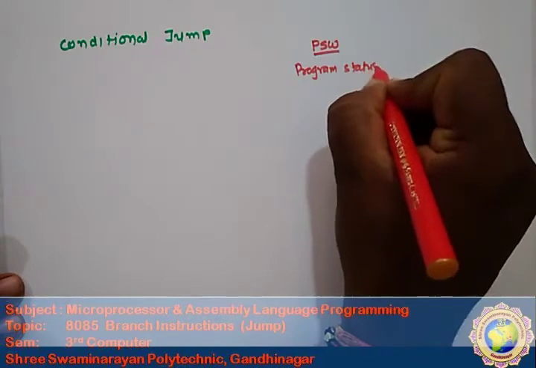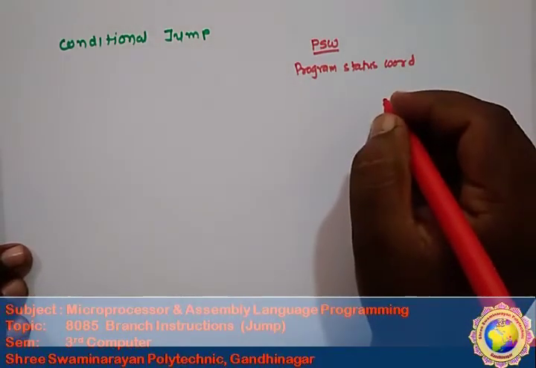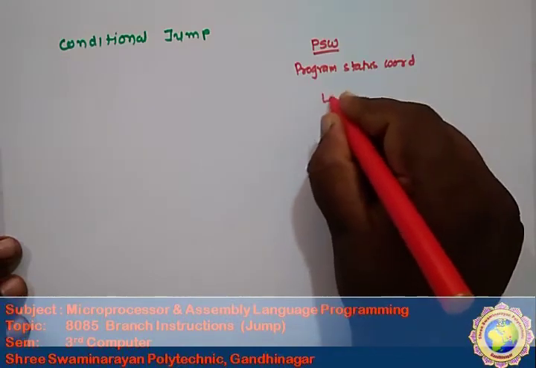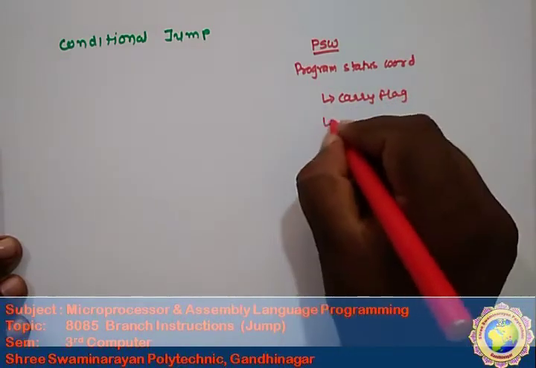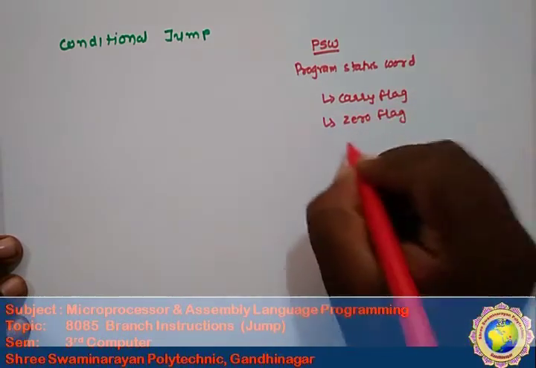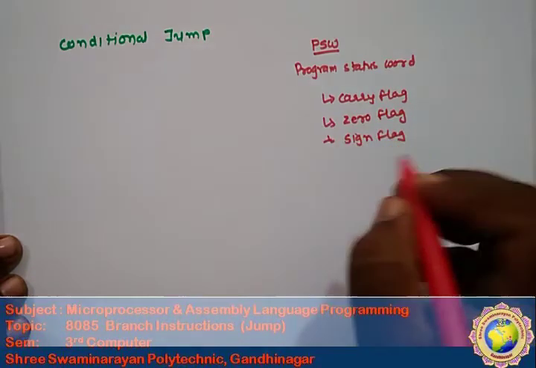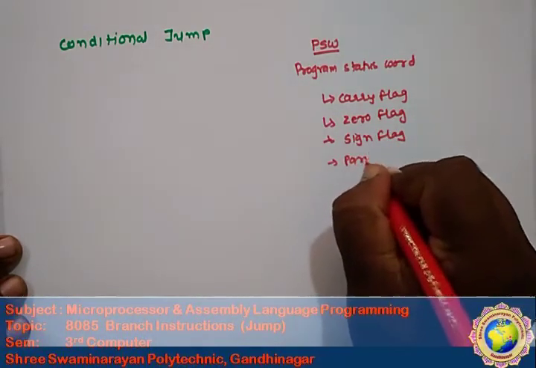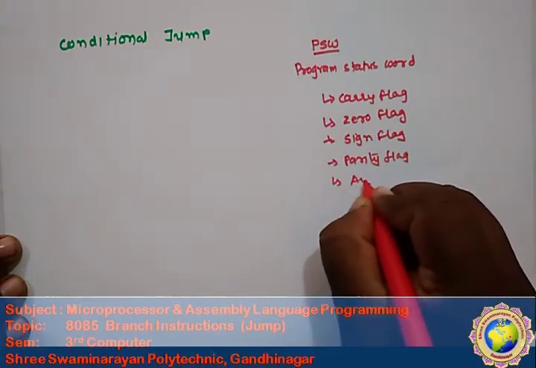PSW, that is the program status word. It has 5 flags. The first is the carry flag, then zero flag, then sign flag, then parity flag, and then auxiliary carry flag.